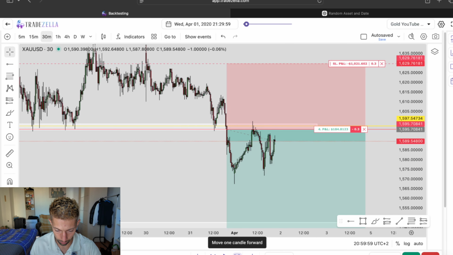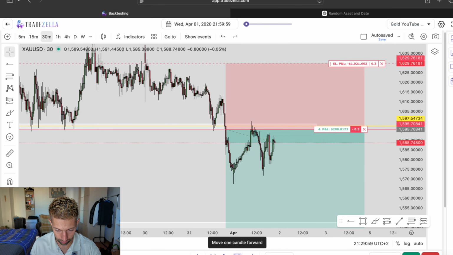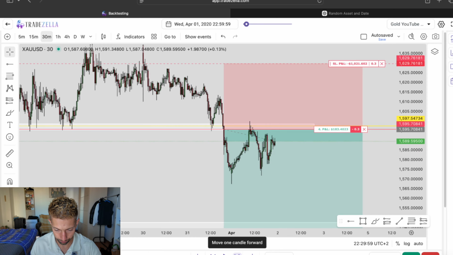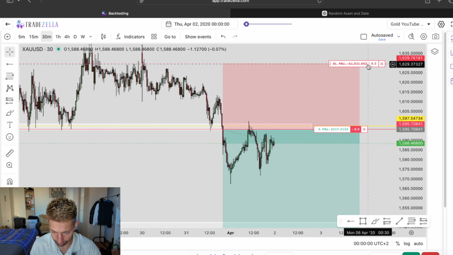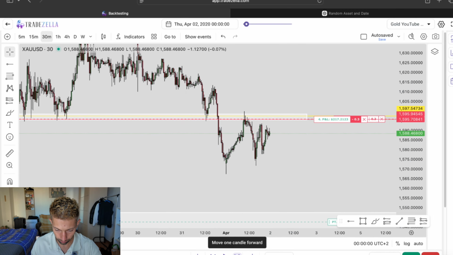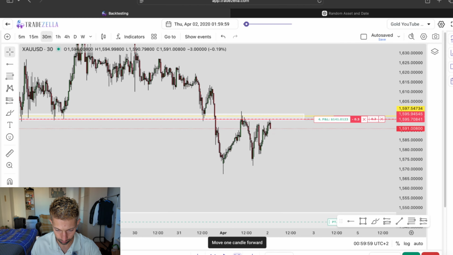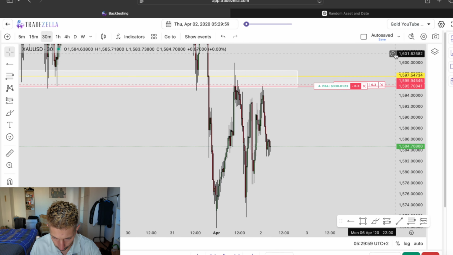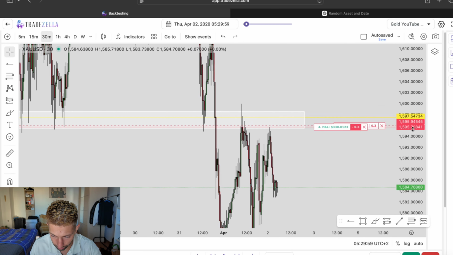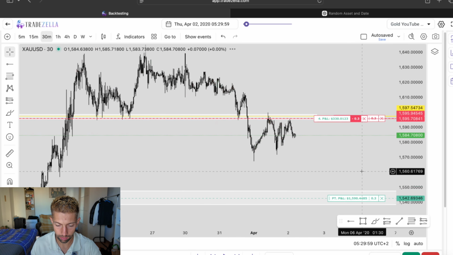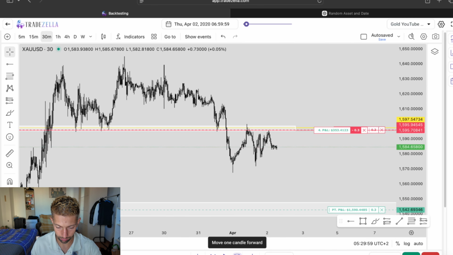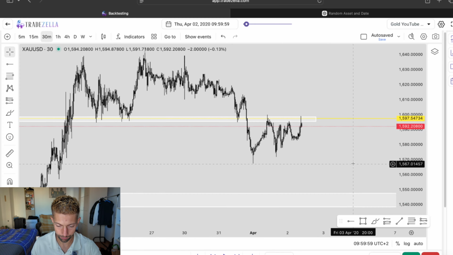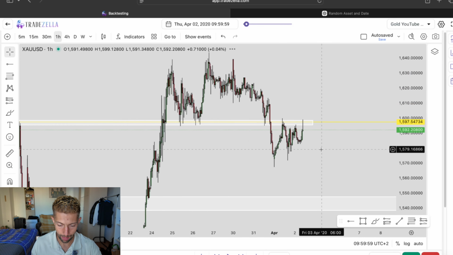So I would still be holding this trade, but I would probably place myself on a break even right here. I don't know why we didn't literally get tagged in by like a pip, which is nice, but maybe we will. Yeah, so this was break even.